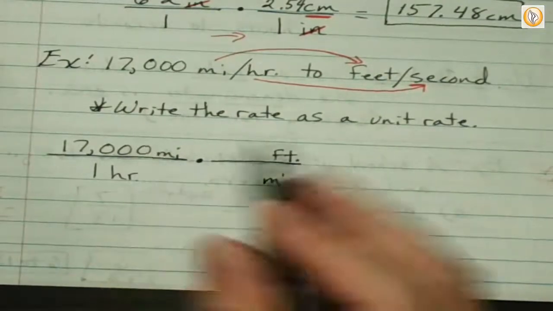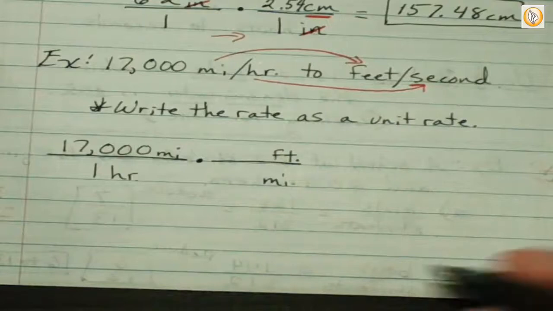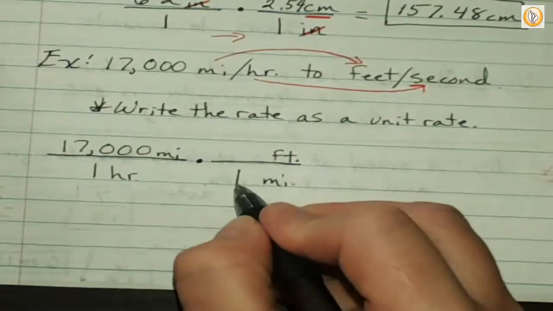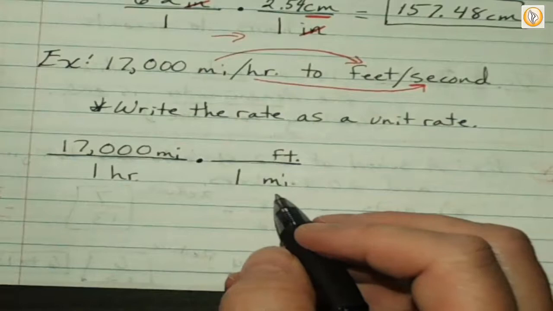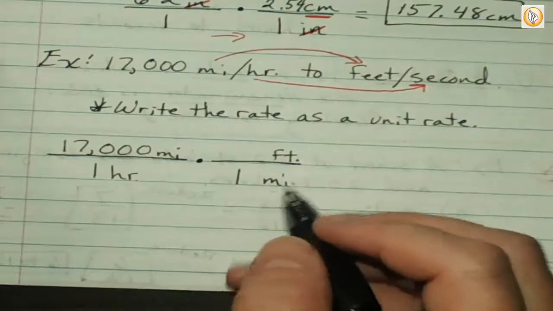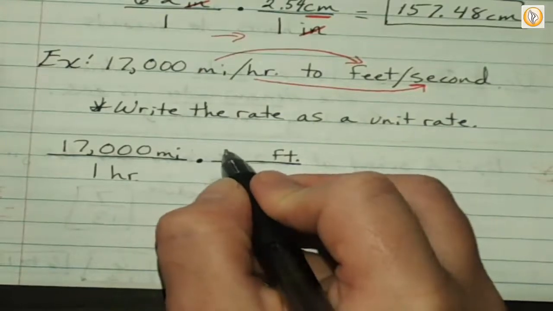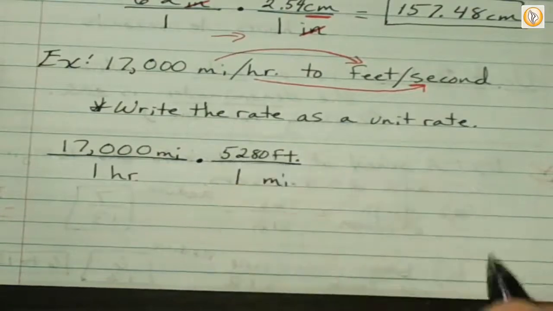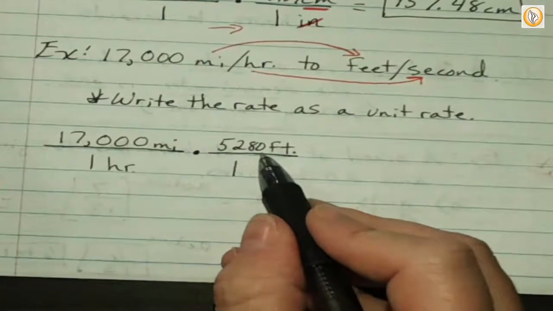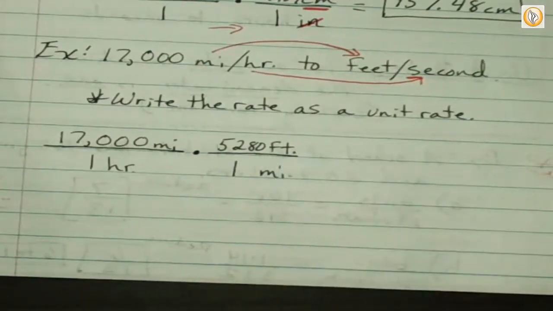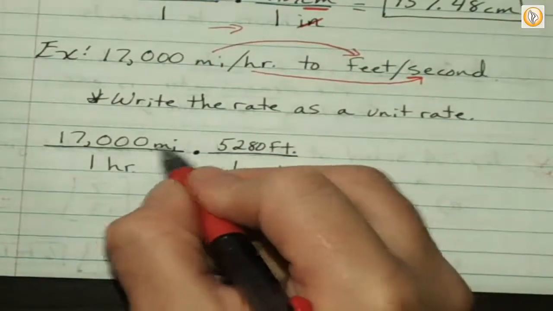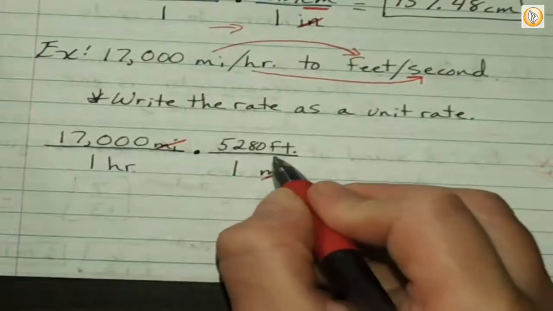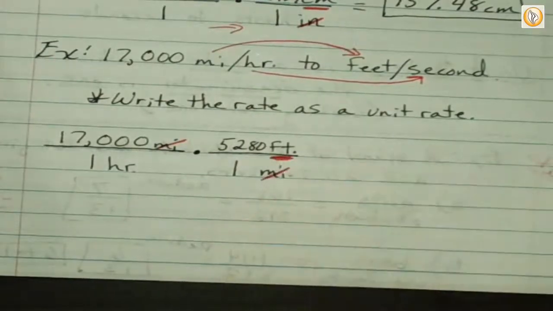We've got to be able to cancel. So 1 mile equals how many feet? Raise your hand. 5,280. Yep. That's 5,280 feet. So now we've canceled our miles and we've got our feet.